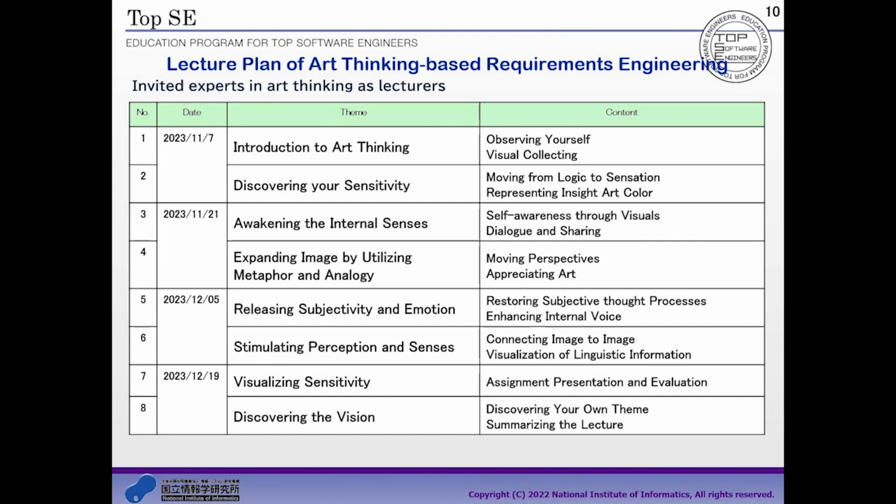The lecture plan for art thinking-based requirements engineering is as follows. This consists of 8 lecture blocks. Participants will learn how to elicit requirements for critical digital business that take the diversity and variability of requirements into account, as well as cultivate art thinking.